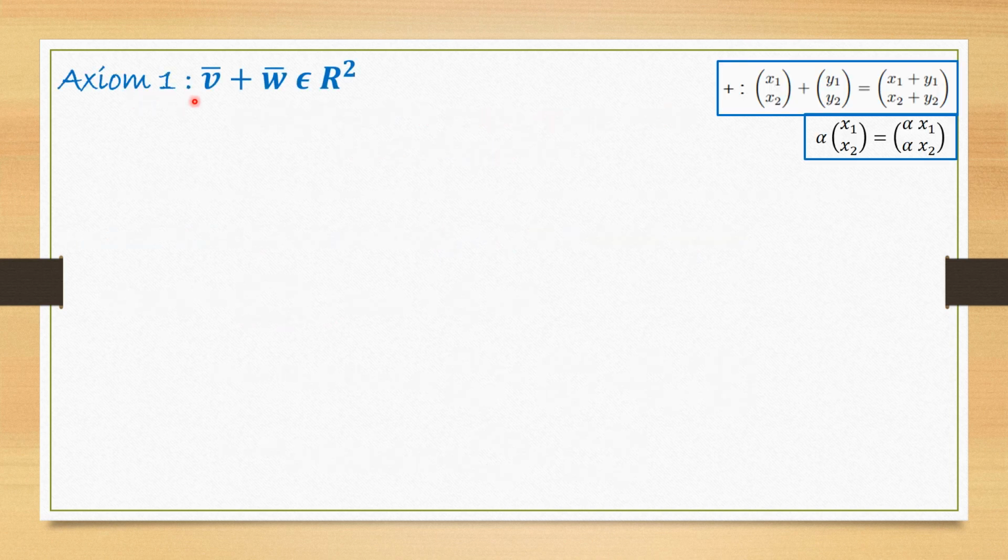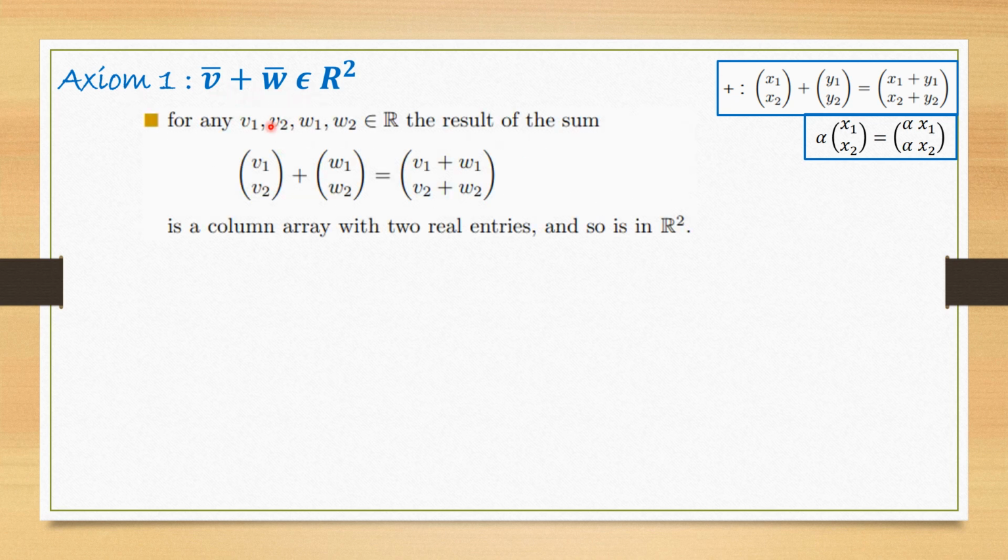Axiom 1. Closure under vector addition. For any v1, v2, w1, w2 in R, the sum v vector plus w vector gives v1 plus w1 as the first entry in the column vector, v2 plus w2 as the second entry in the column vector.